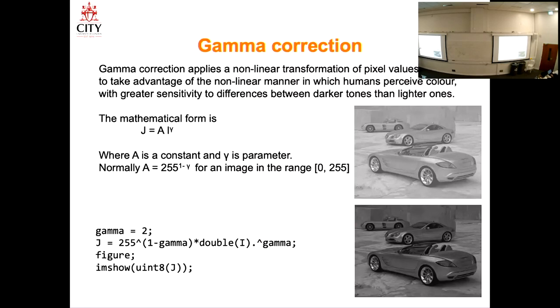Another way to correct images is gamma correction. So you have an equation like this, and instead of multiplying and adding or dividing, deducting something from that, you can just do something like this equation. So I say gamma 2, and then j equals this equation, and show it. So it is another way of making your images look nice.